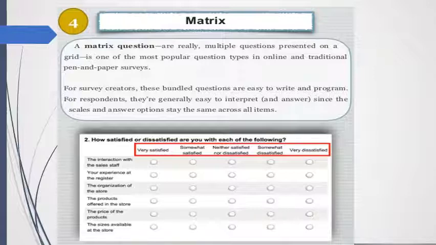There are a bundle of questions which can be covered in this way. Easily it can be covered. There are different options that are given. It's a sort of Likert scale, but Likert scale basically focuses on strongly agree or strongly disagree. This is somewhat similar to that, but the options are different.